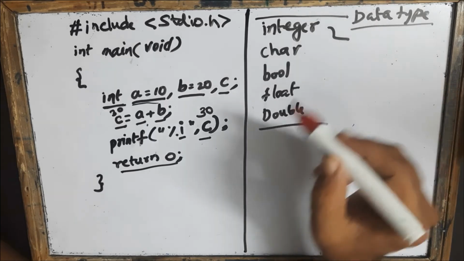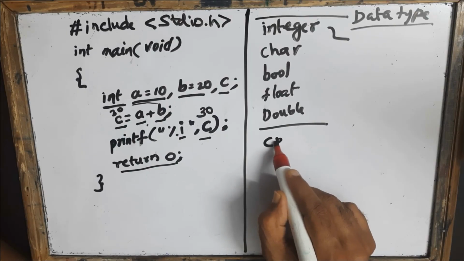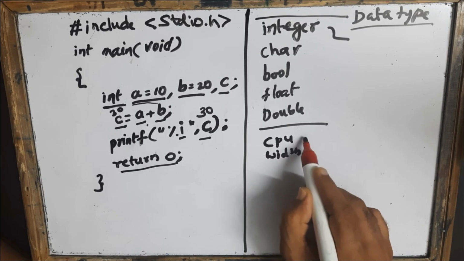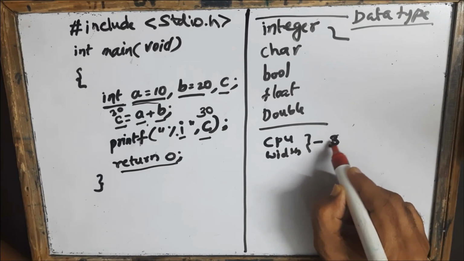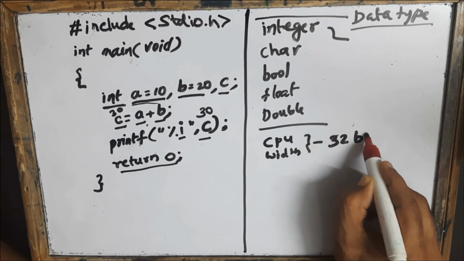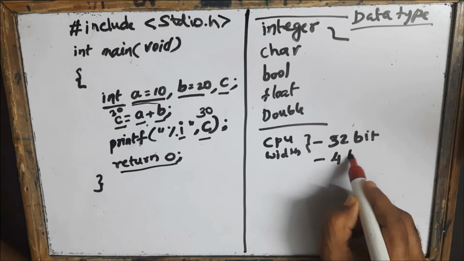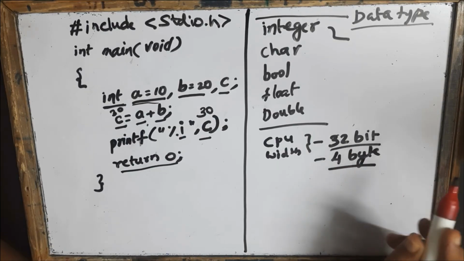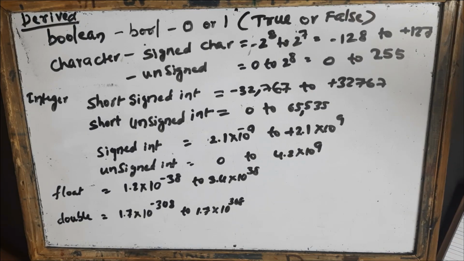First, say for example, the CPU that we are talking about, this CPU width, just for example, is 32 bit. That means this is a 4 byte CPU that we are discussing. So integer, float and double.